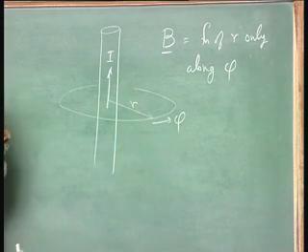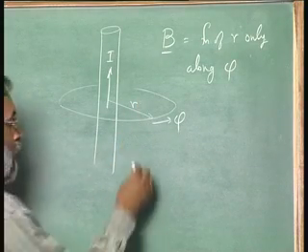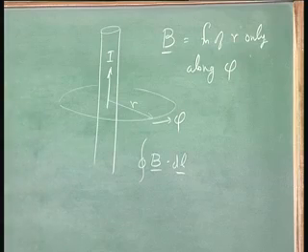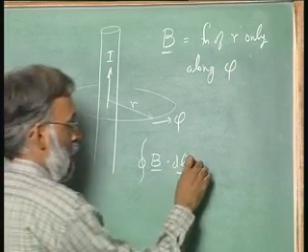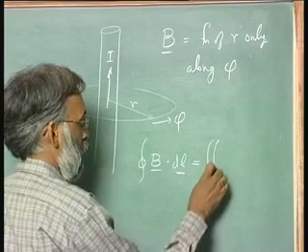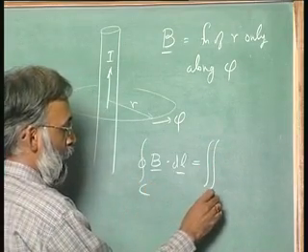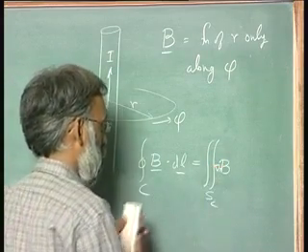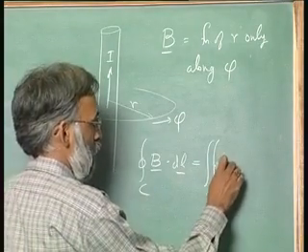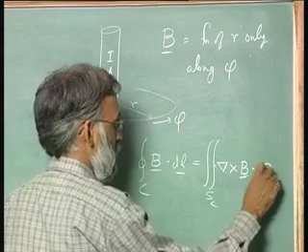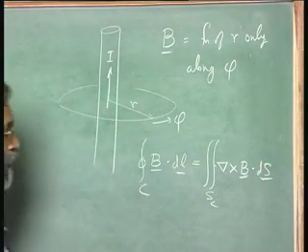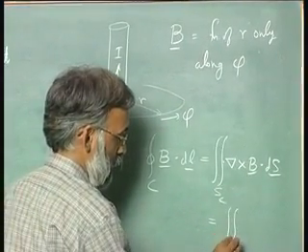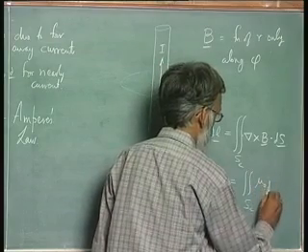So, I now apply my Stokes theorem. I say loop integral B dot dl must be equal to the surface linking this loop, curl of B dot ds, which must be equal to, from the previous Ampere's law, surface integral mu naught J dot ds.